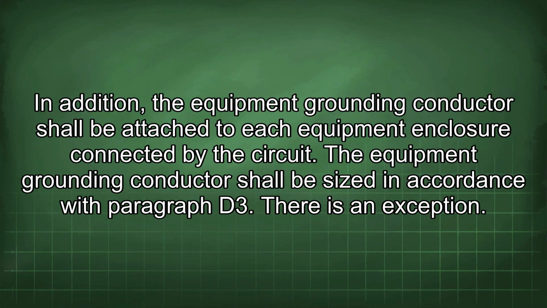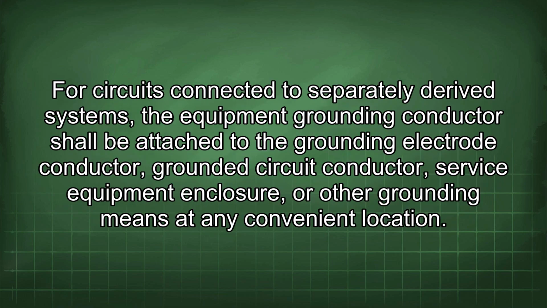In addition, it shall be attached to each equipment enclosure connected by the circuit. The equipment grounding conductor shall be sized in accordance with paragraph D3. There is an exception. For circuits connected to separately derived systems, the equipment grounding conductor shall be attached to the grounding electrode conductor, grounded circuit conductor, service equipment enclosure, or other grounding means at any convenient location.